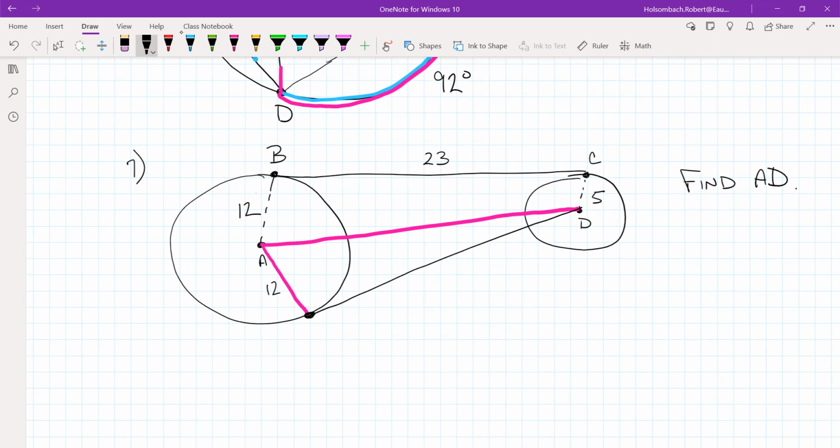So since the distance from B to C is 23, the distance on this new triangle we formed would be 23. So what we get here is a right triangle. And we can say that 12 squared plus 23 squared equals AD squared.